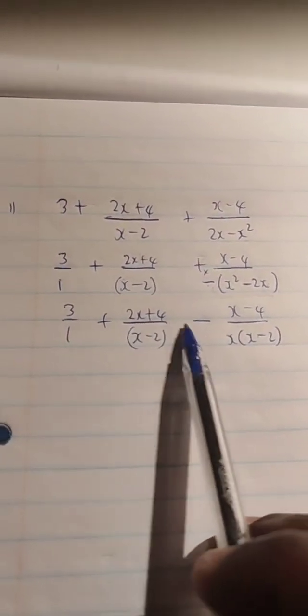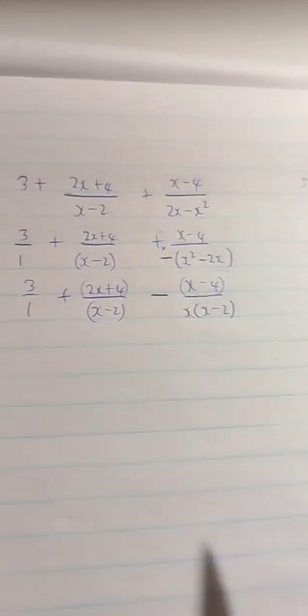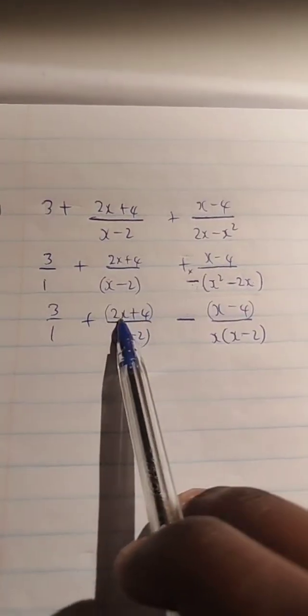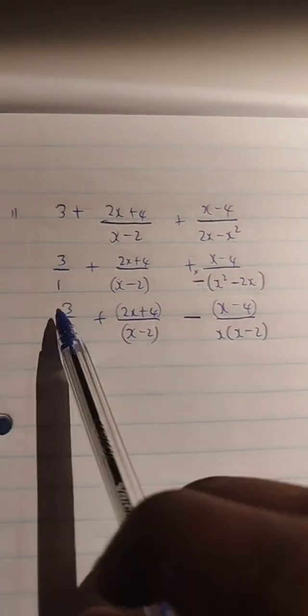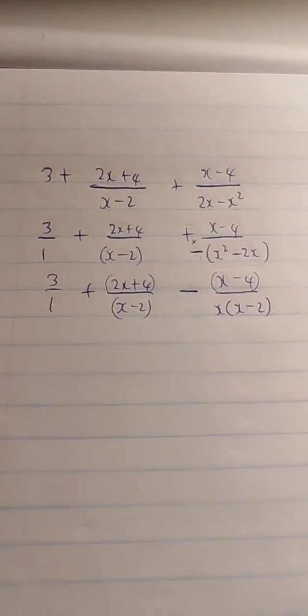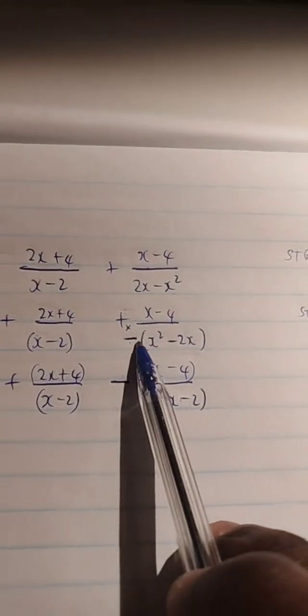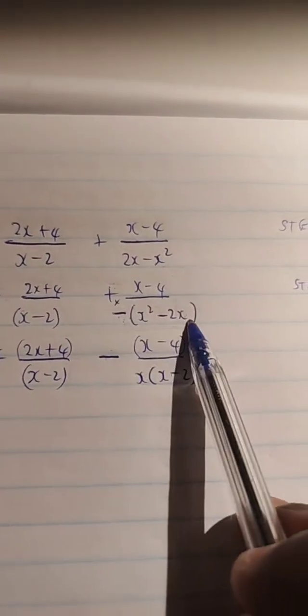I always say if in the numerator you have 2 or more terms, put those terms in brackets. So 2x plus 4 I put in brackets, x minus 4 I'm gonna put in brackets. 3 is just 3, so it's not 2 or more terms, so that's okay. Now the next step, so factorize, apply the sign change rule when necessary, like we did here. We applied the sign change rule, took out a negative, reordered the terms.